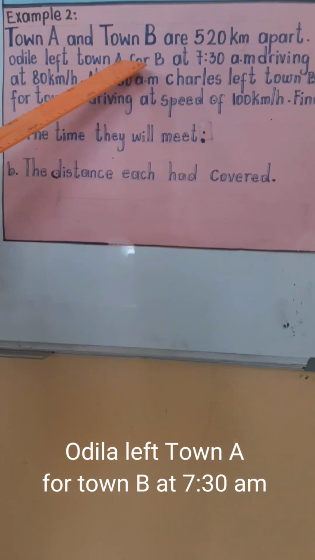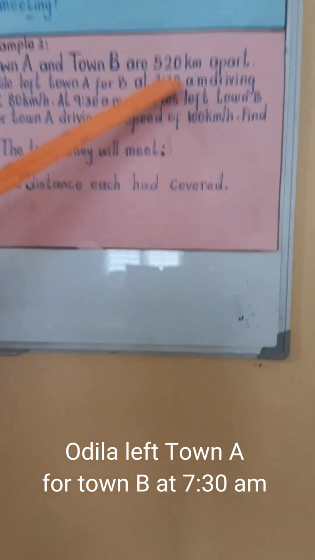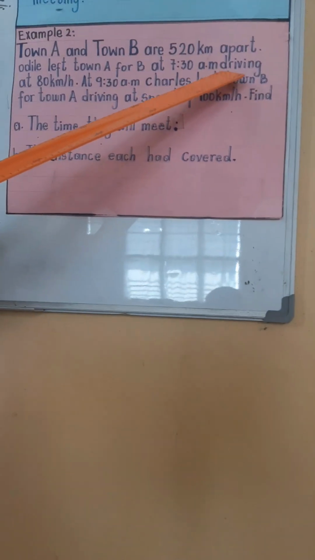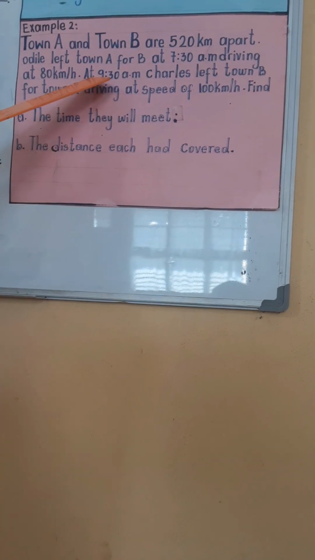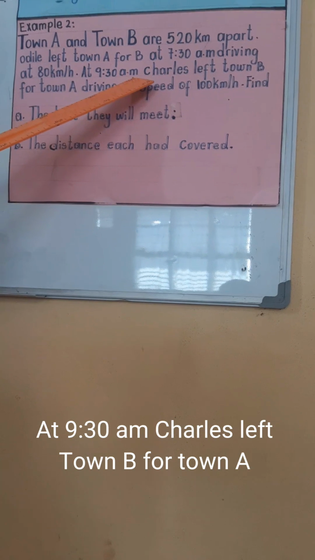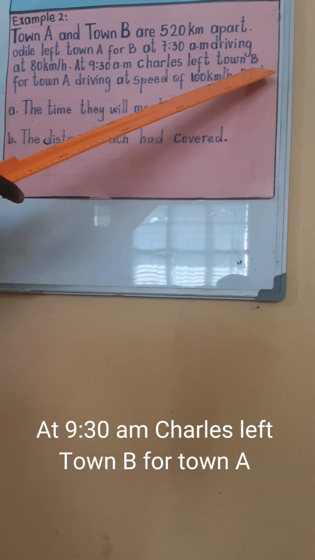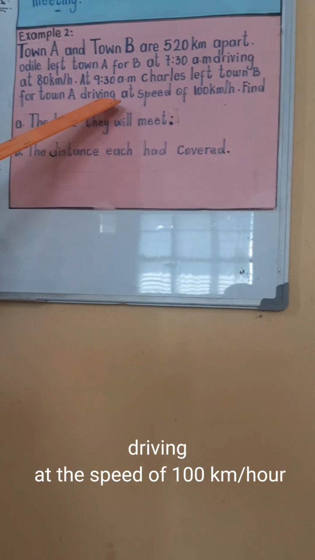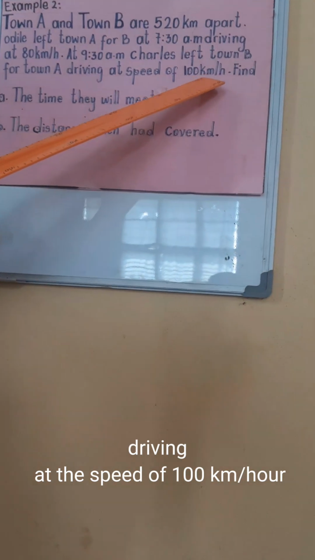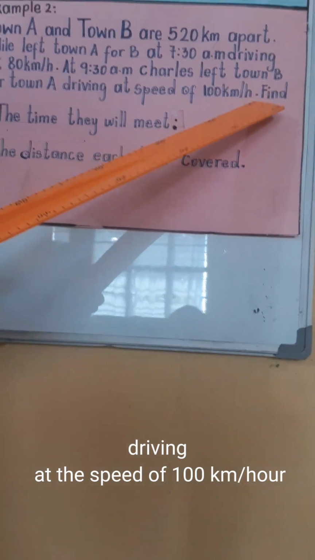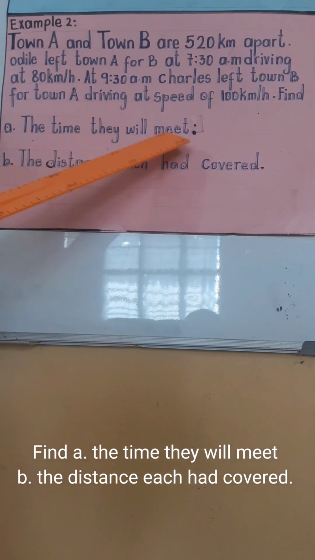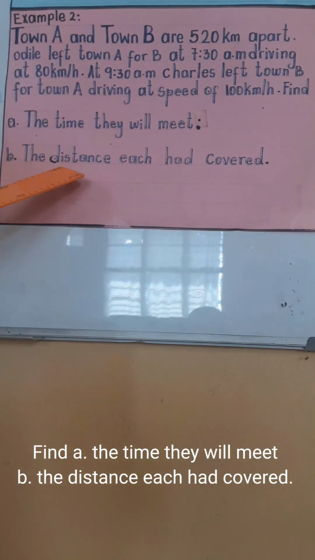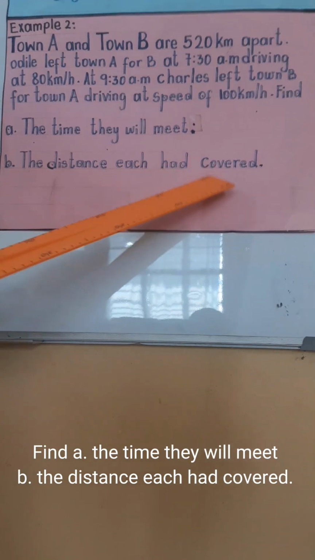Odila left town A for town B at 7:30 a.m. driving at 80 km per hour. At 9:30 a.m., Charles left town B for town A, driving at speed of 100 km per hour. Find A, the time they will meet. B, the distance each had covered.